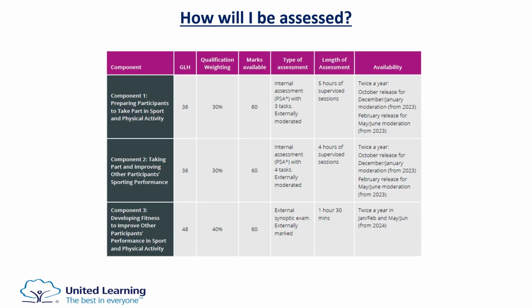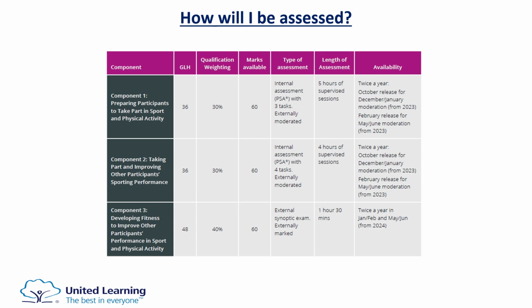The BTEC Sport qualification is a vocational qualification, which means the skills that you will learn are directed towards the sport sector, as opposed to an academic qualification where you largely learn theoretical content. The way that vocational qualifications are assessed is slightly different to usual academic qualifications, which would typically be your GCSEs. You can see that there are 3 components which we've already discussed, and they've got slightly different weightings.